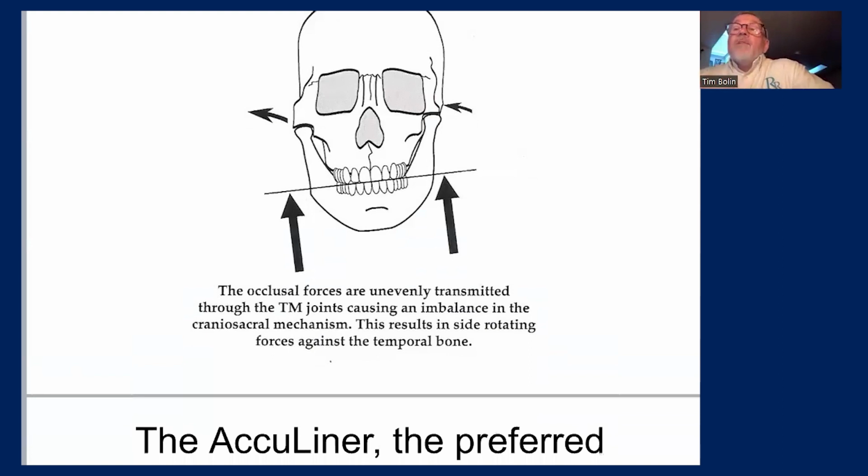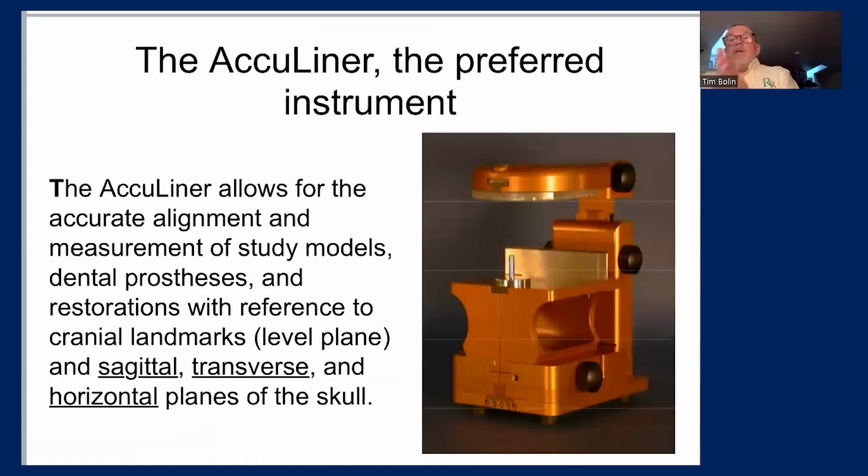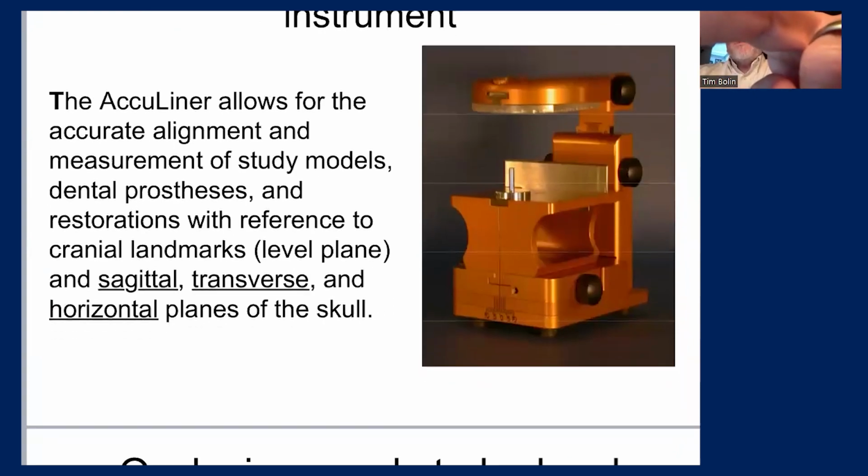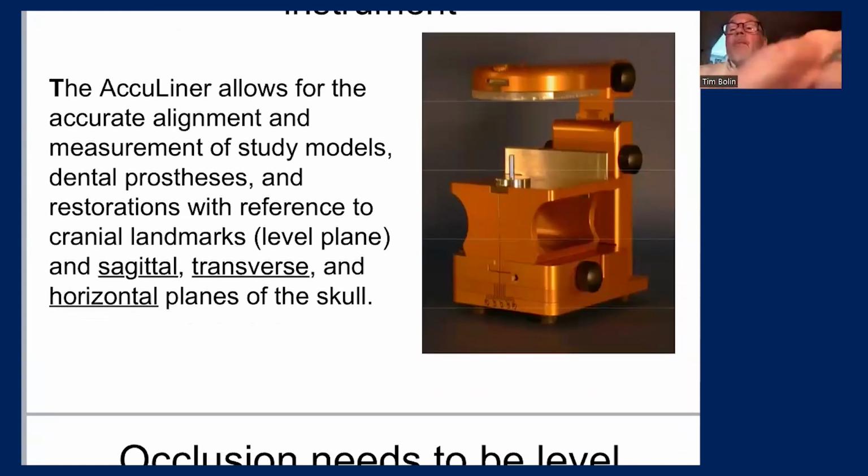The Aculiner was the instrument that Jim and his group came up with, and it allows for the accurate alignment and measurement of study models, dental prosthetics, and restorations with reference to cranial landmarks, level plane, and the sagittal, transverse, and horizontal planes of the skull.